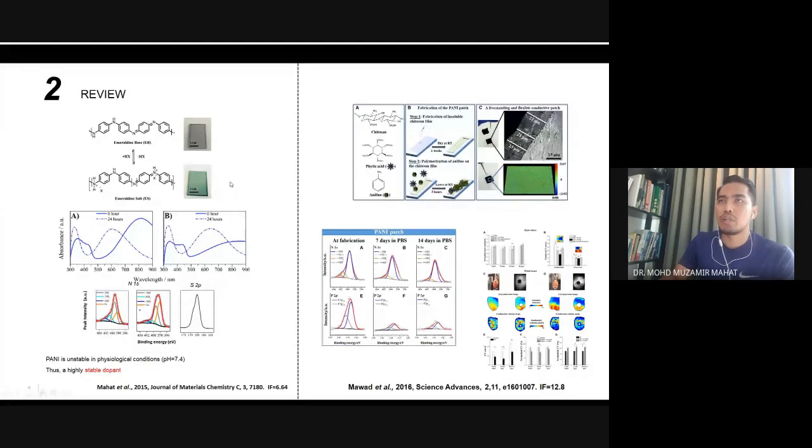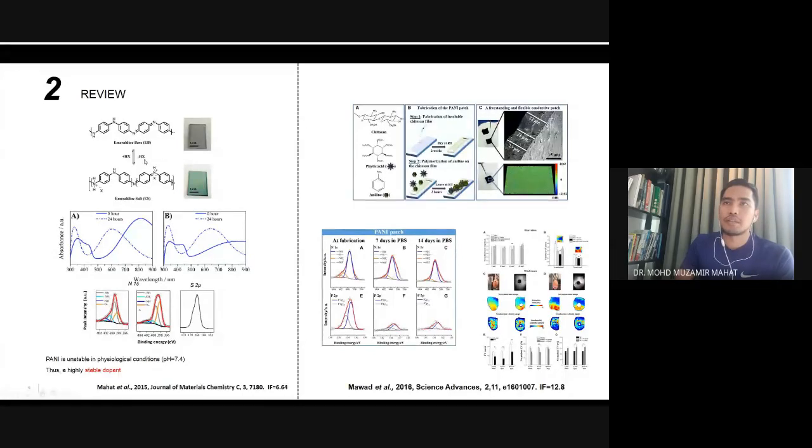We name it as polyaniline. This is the blue color on top, which is non-conductive. After being treated with acid, this polymer turns into green color. So this polymer, from the non-conductive state to the conductive state, the change is due to the presence of the acid here.